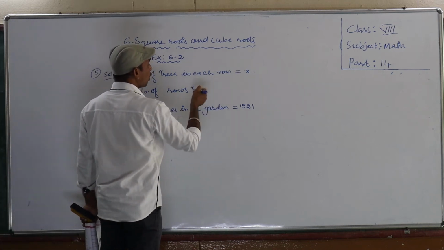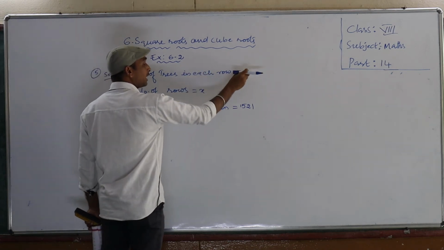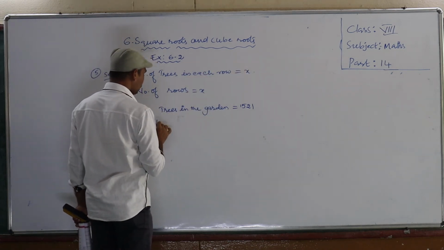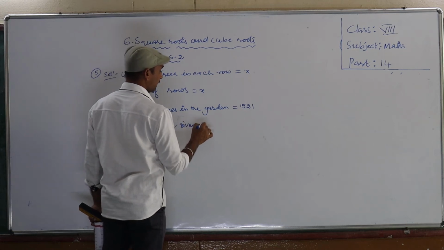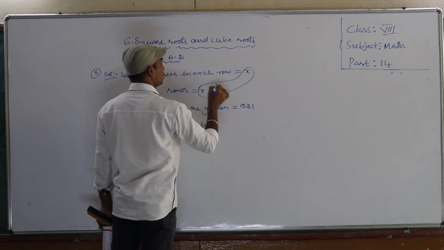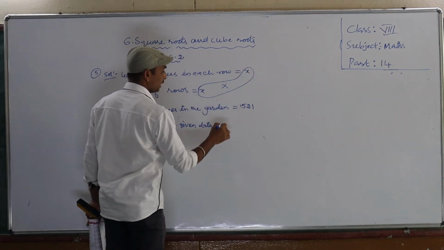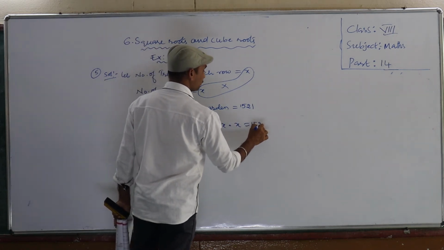According to the rows and trees in each row, the total trees are x into x. If you multiply these two, you get the total trees, so x into x is equal to 1521.